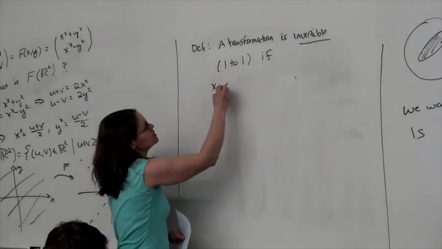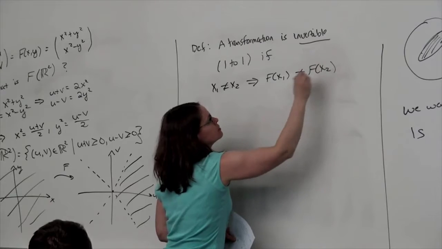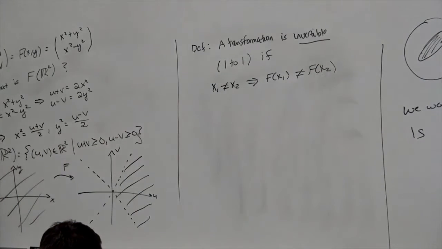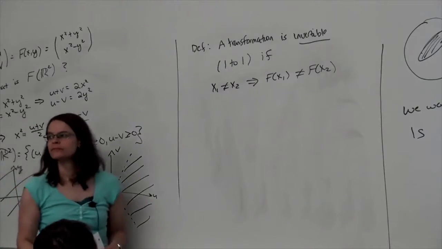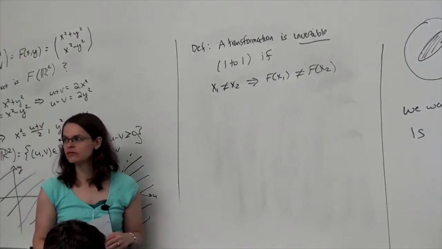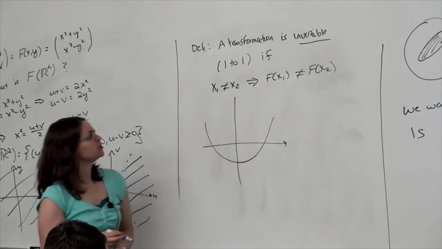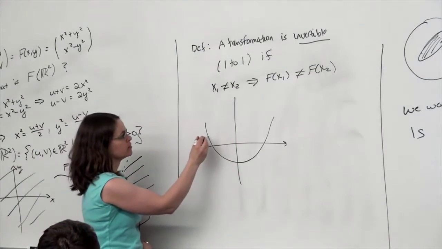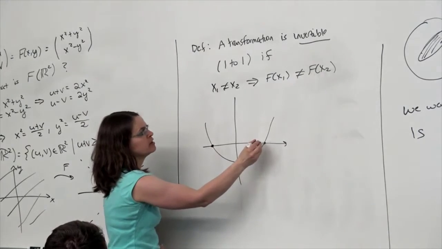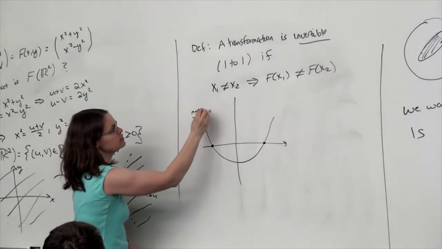So if x1 not equal to x2 implies f of x1 is not equal to f of x2. Right, and in 1D, you've seen this as your horizontal line test. So something like this would not be invertible because there are two different values of x that will give me exactly the same value of f.